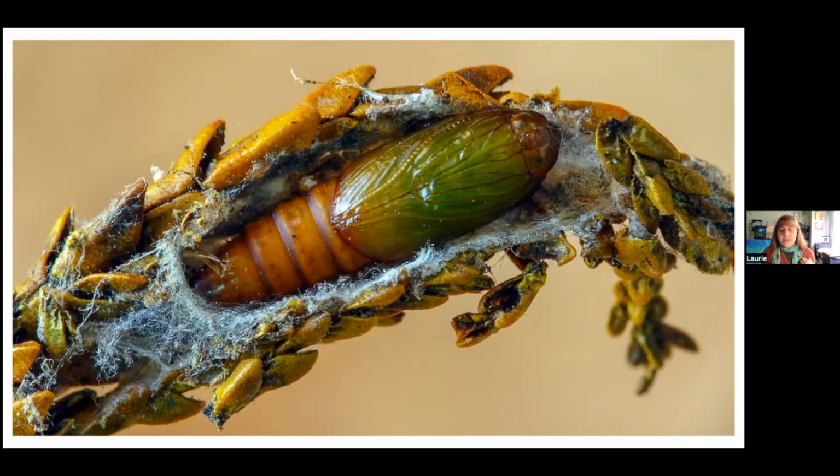And the final shed is visible to the eye with the butterfly pupa, but not visible to us because the moth does this inside of their silk cocoon. So no more feeding or moving around in this stage.